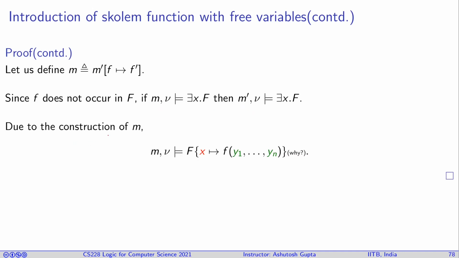Due to the construction of M, since 'there exists x F' is satisfied by M with an assignment, M and the assignment must satisfy this formula when x is replaced by the function f, because the exists and the function f are just running in tandem. You can easily show that this will hold true.